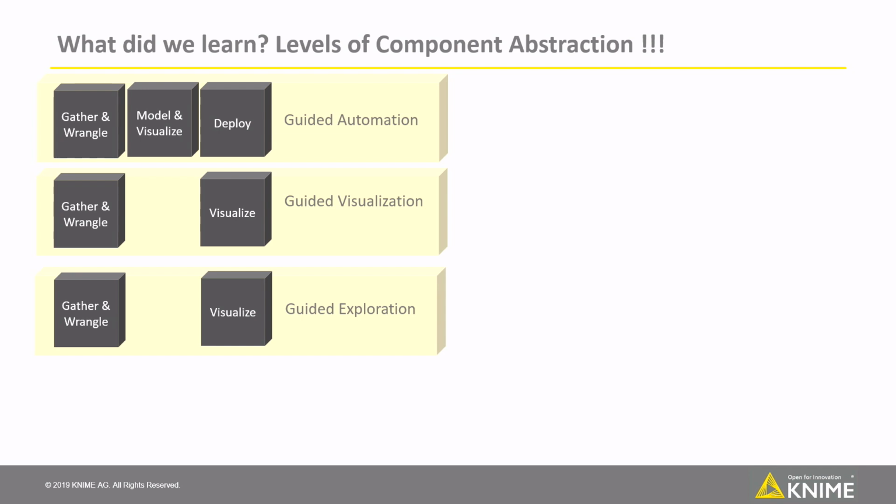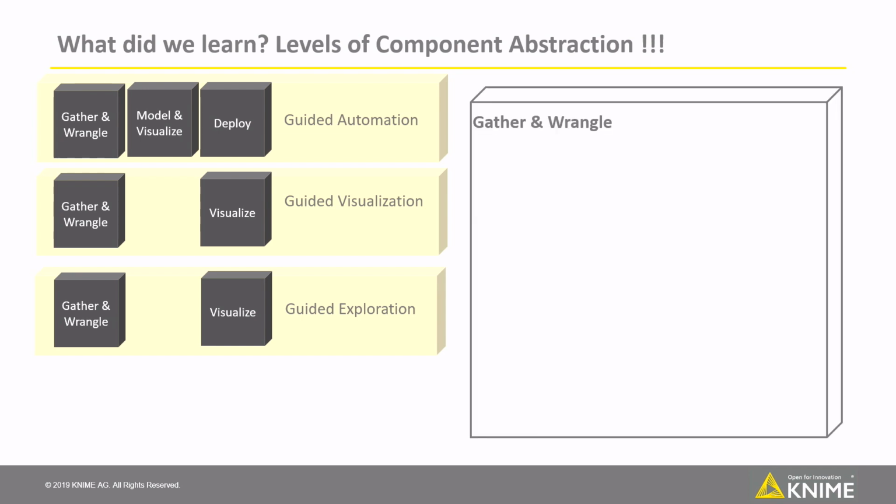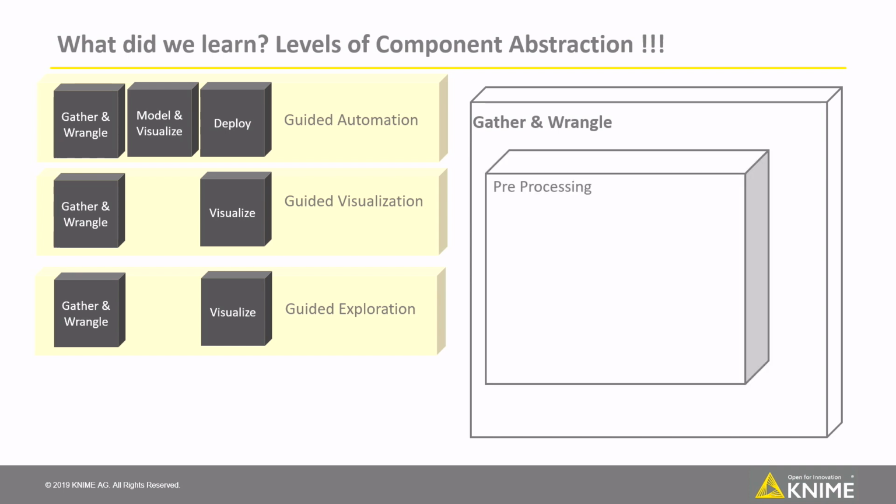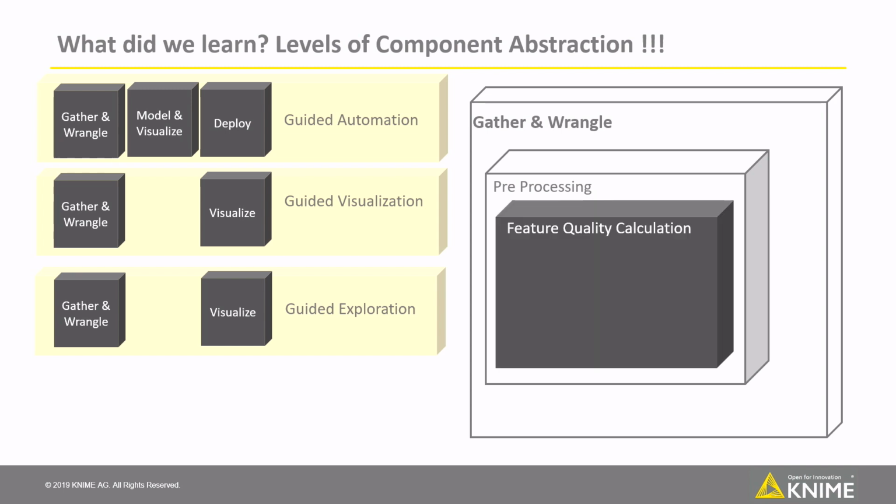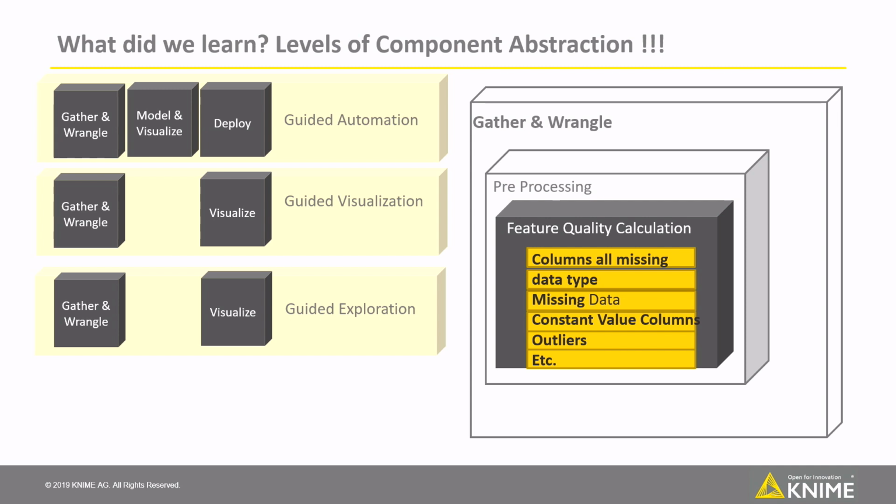And basically what we can do is we can keep drilling down. If I take the gather and wrangle one, I can drill down on one, get excited. Wow. I'm going to keep my voice very low. I can drill down on one of those components, and this is just one called pre-processing, and within that pre-processing is another series of components that are hooked together, and one of them is called feature quality calculation, and underneath that are a whole bunch of even lower things.